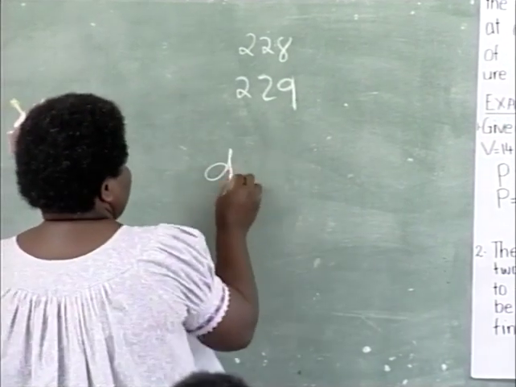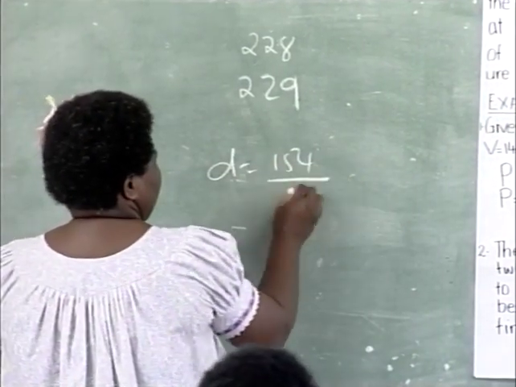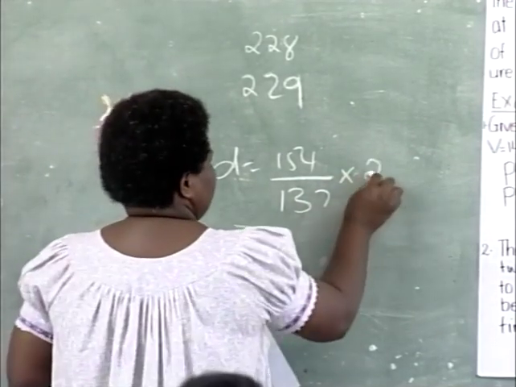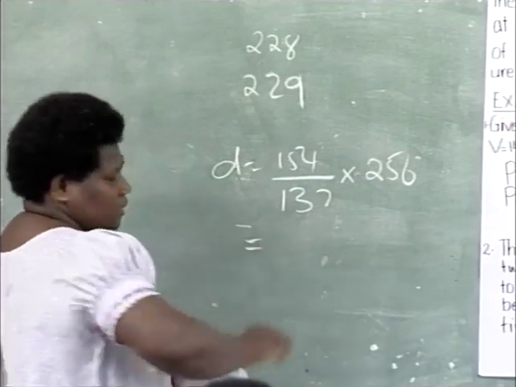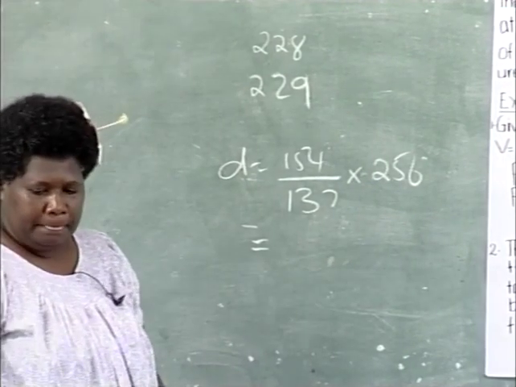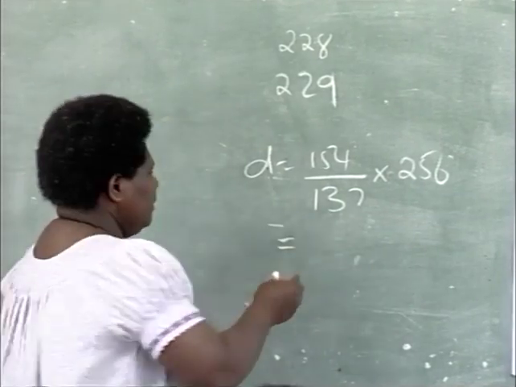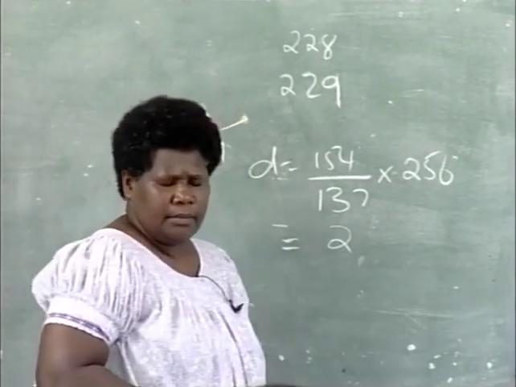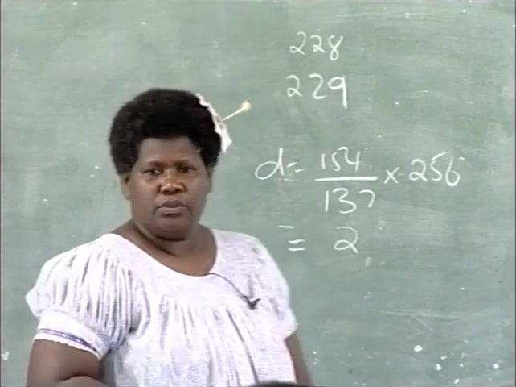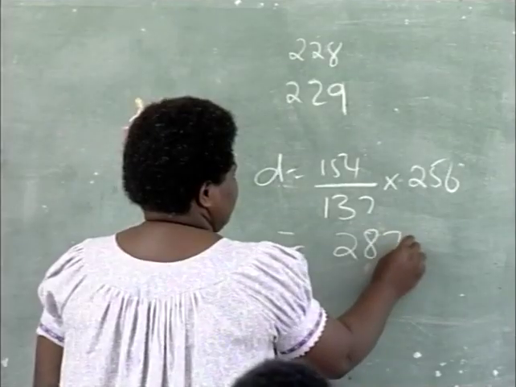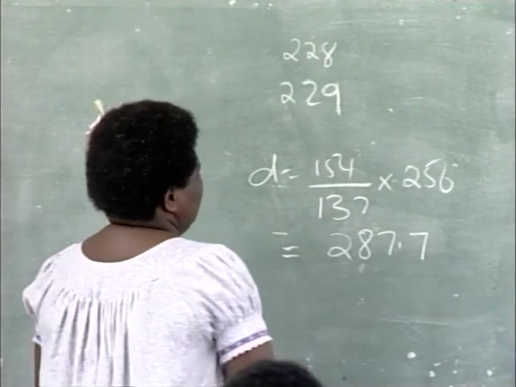Okay, if it's 154 over 137 times 256, this is the final step that I put down. What is the actual answer that we get? Hekoi? 287.7.